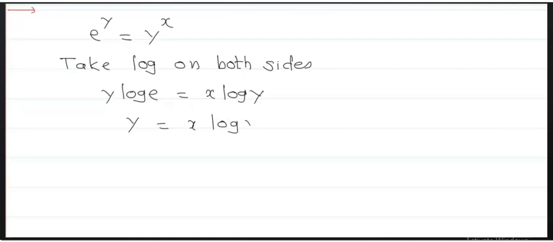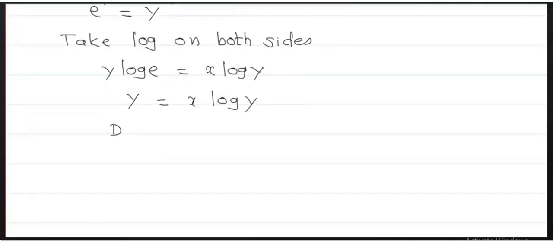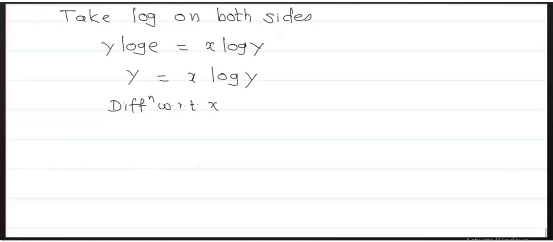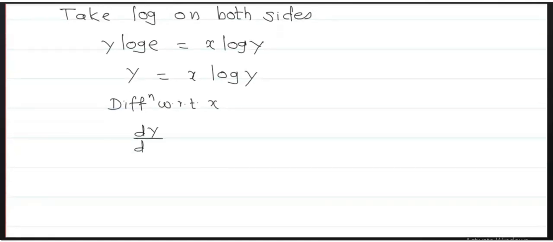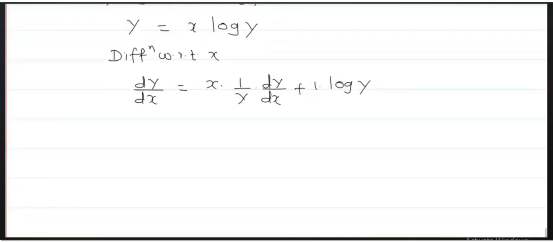That is, y is equal to x log of y. Therefore, now differentiate this with respect to x. Dy by dx is equal to x log of y: derivative 1 upon y into dy by dx, plus 1 into log of y.